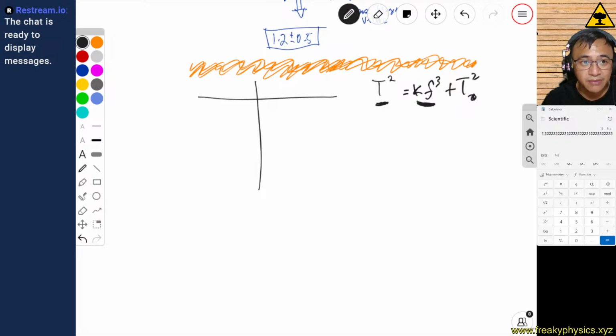Give me a moment to make the fake data and make it look believable. And let's start with 100. Yeah, let's start with 100, 150, 200, 250, 300, 350, and 400.